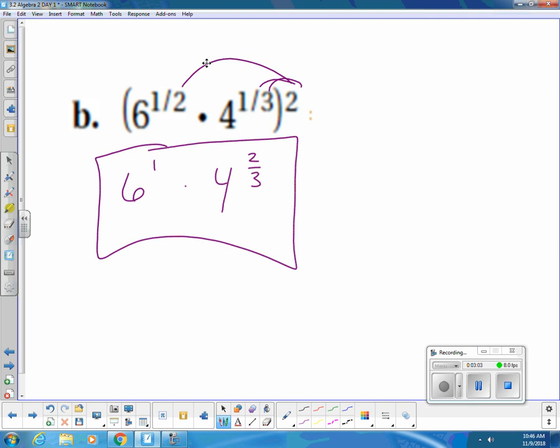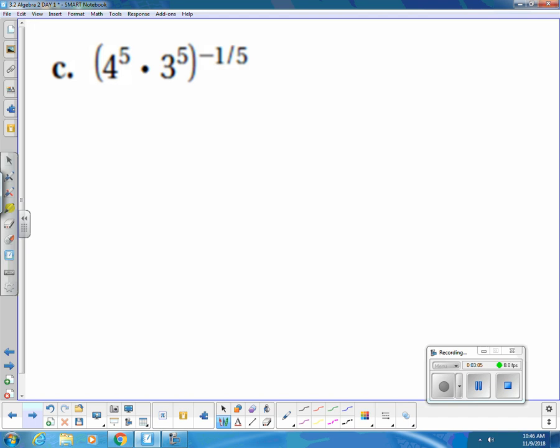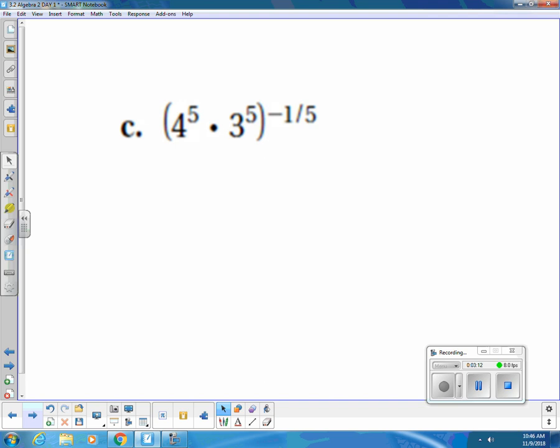Okay, part C. Here's our next one. So when I saw this problem, the negative really caught my eye, and I was like, let's flip and make it positive.